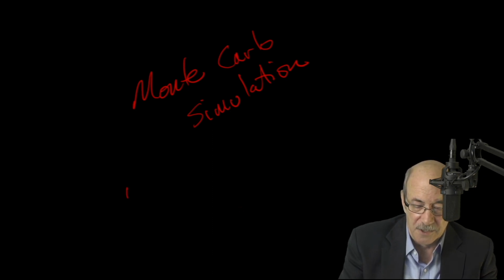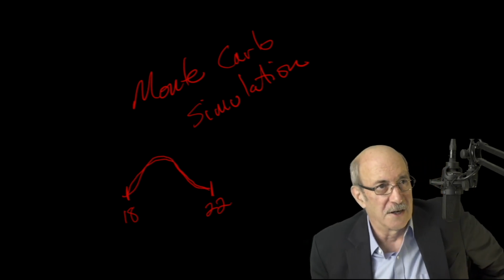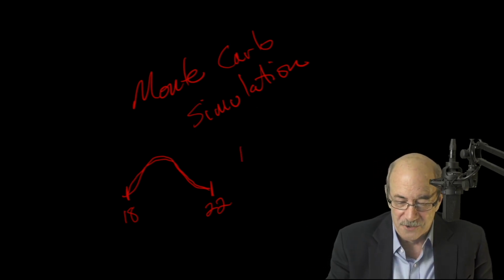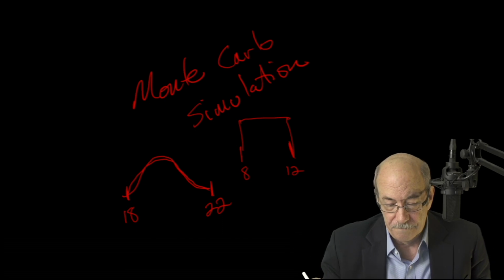Let's say that I expect price to range between $18 and $22, and it's going to more or less follow a normal distribution. I know it doesn't look like a normal distribution, but this isn't art school, folks. And let's say that I expect costs to run between $8 and $12, and I expect those to follow a uniform distribution, so equally likely.